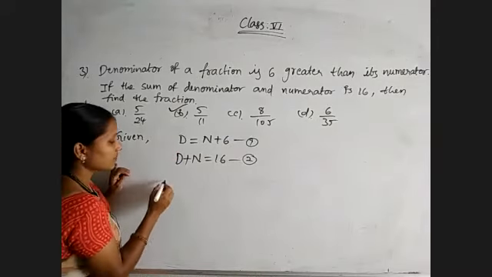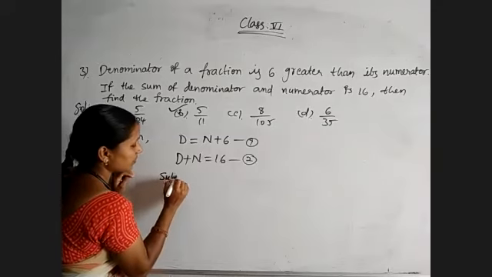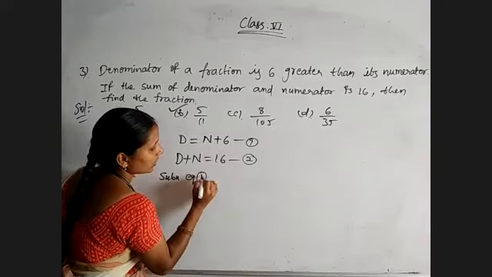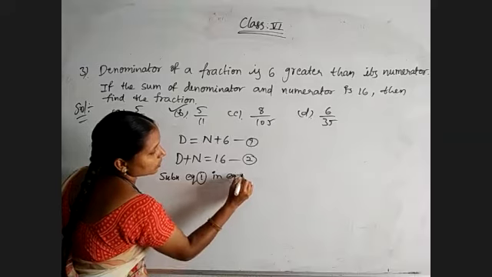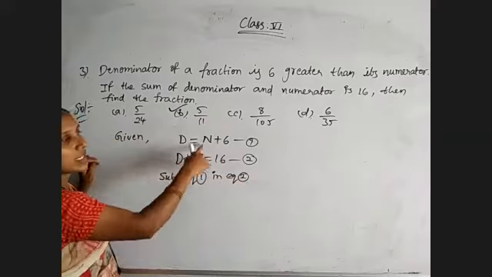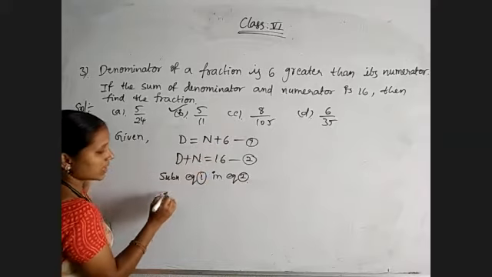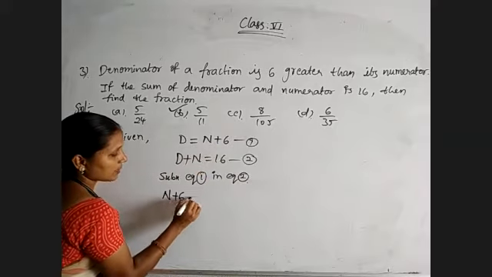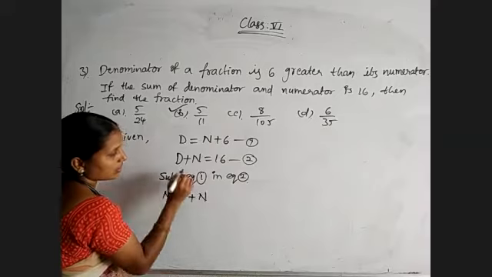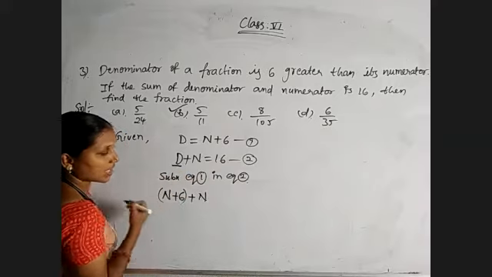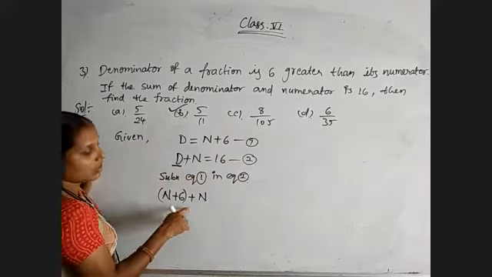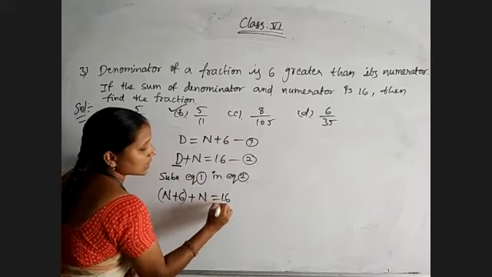So we will see. Substitute equation 1 in equation 2. What will we get? Denominator is equal to n plus 6, meaning instead of d, we will write n plus 6. So n plus 6 plus n is equal to 16.